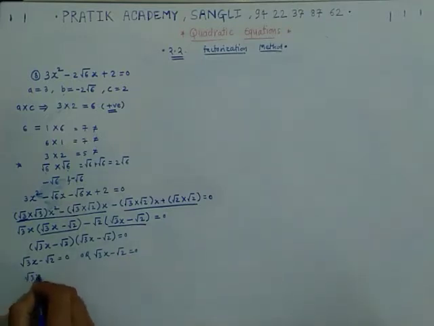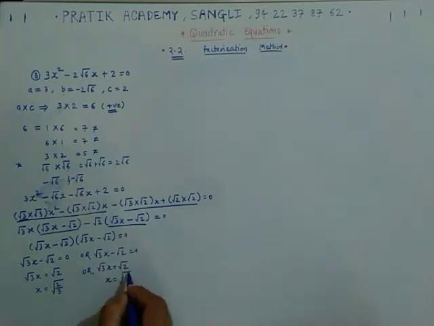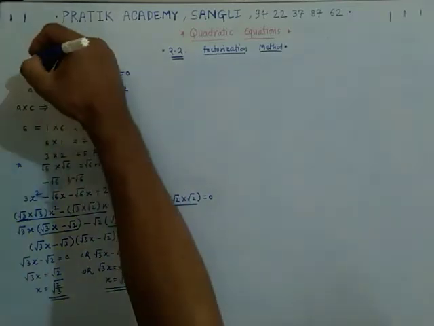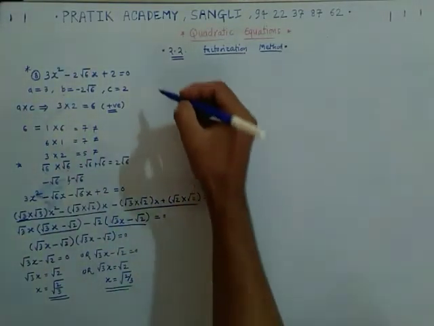That means root 3x is equal to root 2, x is equal to under root 2 upon 3, or here root 3x is equal to root 2, therefore x is equal to under root 2 upon 3. So this is the solution of the quadratic equation. This is a star mark problem in our textbook, so it is very important.